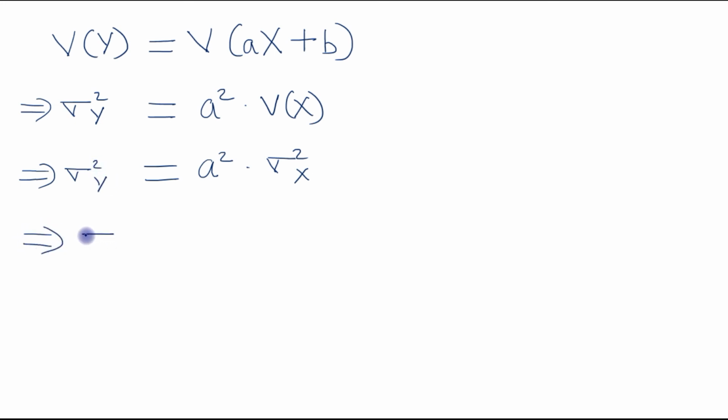In the next step, we can find out standard deviation of y as absolute value of a times standard deviation of x. Okay. Now let's find out correlation between x and y.